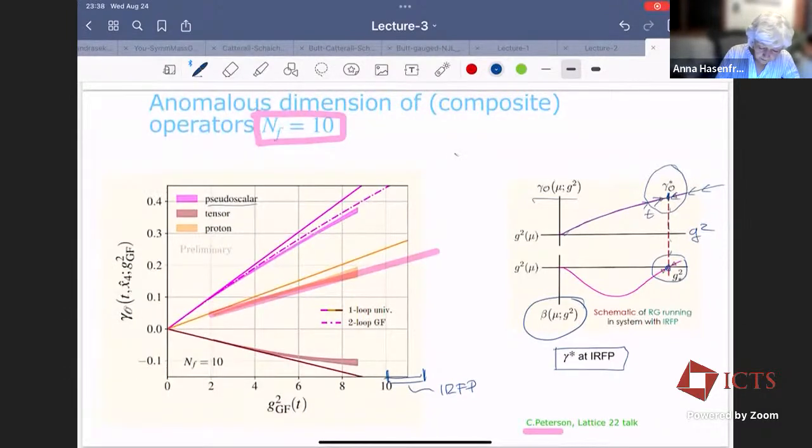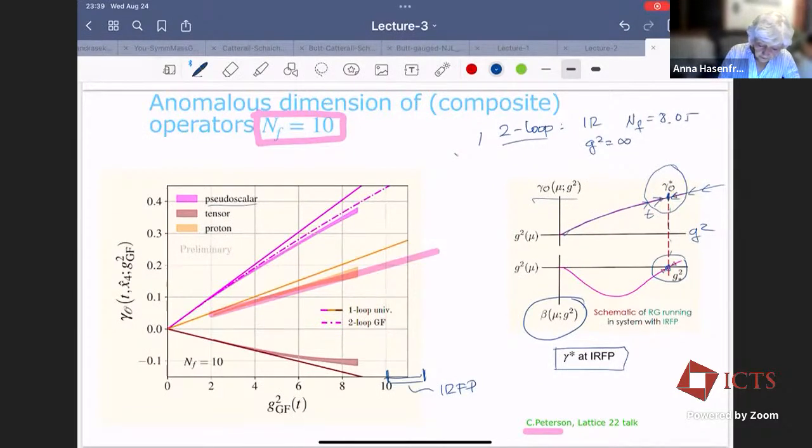We can look at the two-loop beta function, and the two-loop beta function will say that the IR fixed point emerges at NF something like 8.05, so just above 8. But of course perturbatively that emerges at g squared infinity, so nobody trusts that. We don't know where it is.